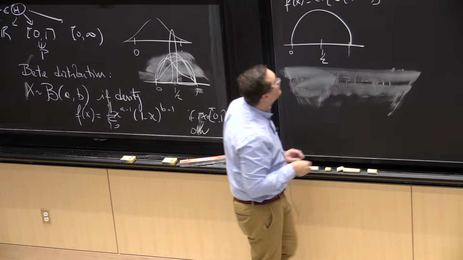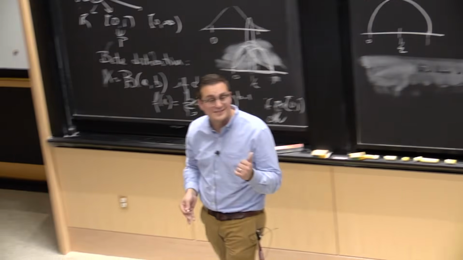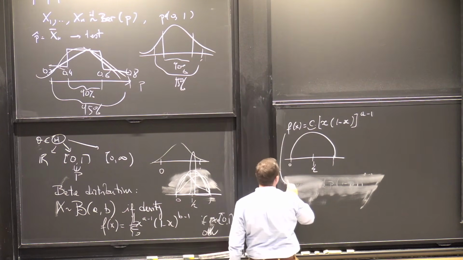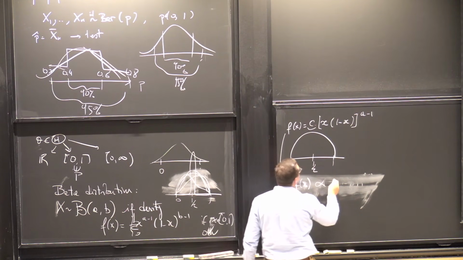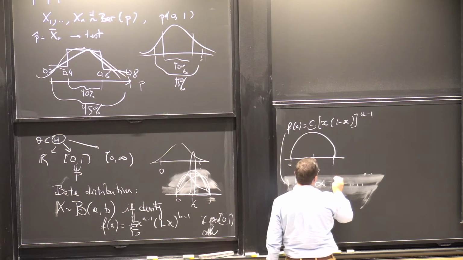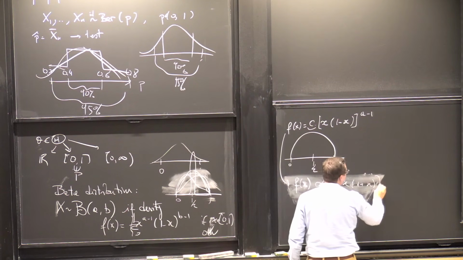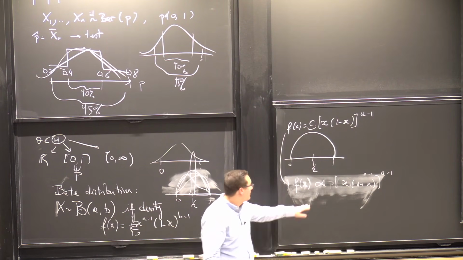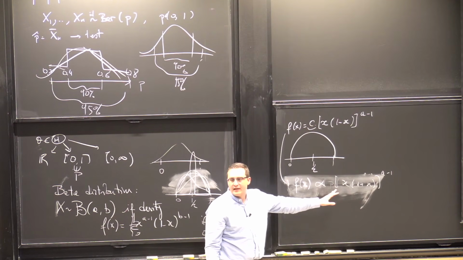One thing in terms of notation: when I have a constant here and I don't want to make it explicit, and we'll see in a second why I don't need to, I'm going to write f of x is proportional to x(1 minus x) to the a minus 1. OK? So that's just to say equal to some constant that does not depend on x times this thing.